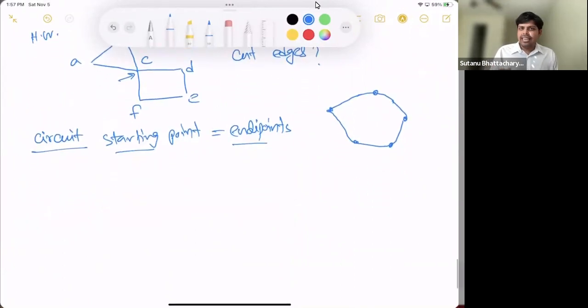Okay, now we'll take another example of two graphs where we need to find out whether they are isomorphic or not, based on whatever we have studied so far.